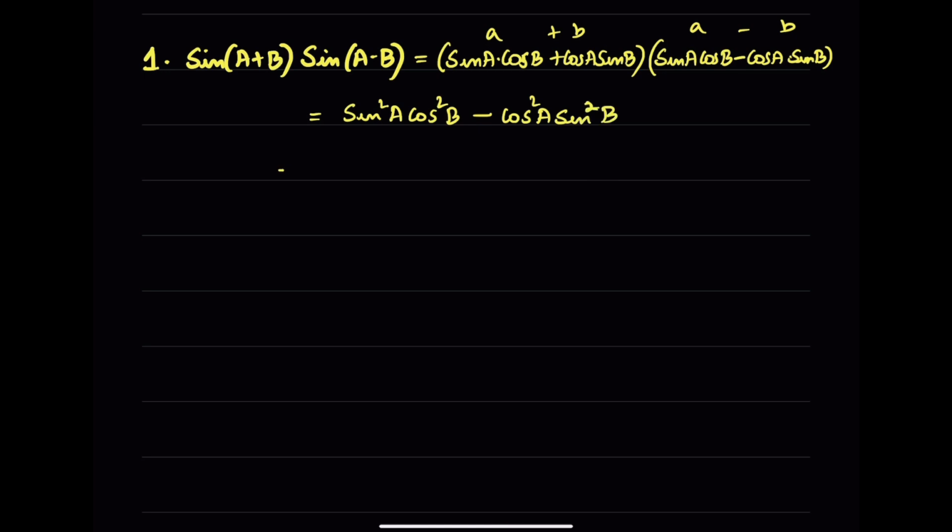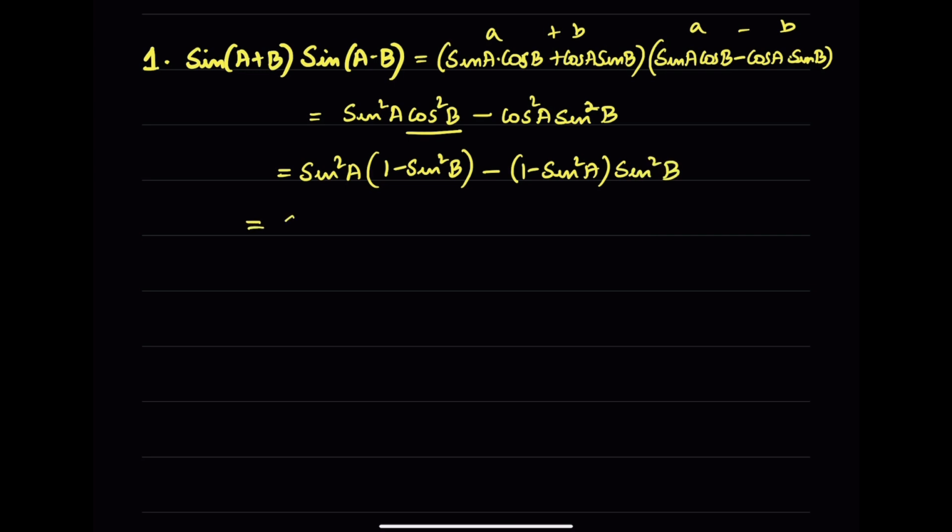Correct? Now we know that sin² a plus cos² a is equal to 1. Similarly, sin² b plus cos² b is equal to 1. So we can change this to sin² a times (1 − sin² b), that is a trigonometric identity, minus, again cos² a can be changed to 1 − sin² a, times sin² b.